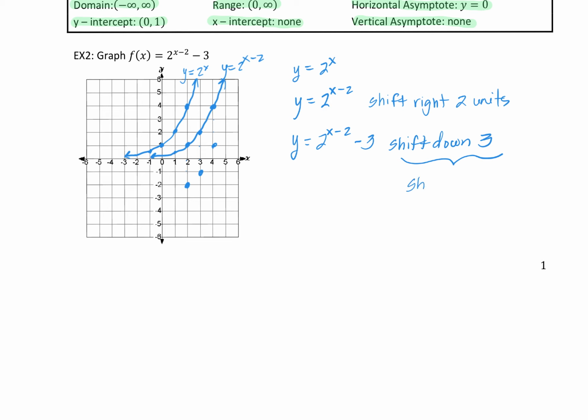So we're going to shift our horizontal asymptote, HA, down as well, 3. Let me go ahead and sketch in that horizontal asymptote at y equals -3.